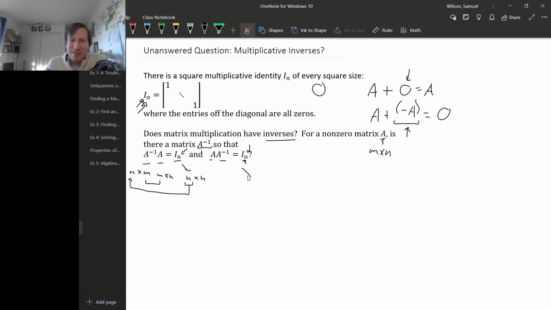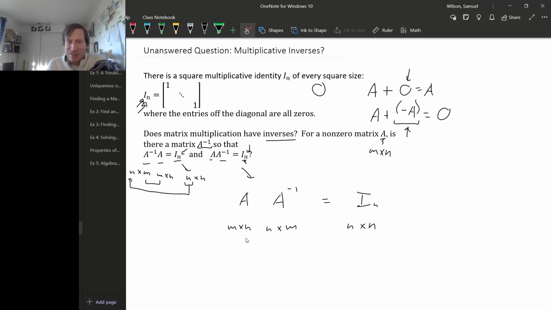Well, now let's look at this other product. So let me write it down a little bigger like this. The identity matrix is n by n, A is m by n, and A inverse is n by m.